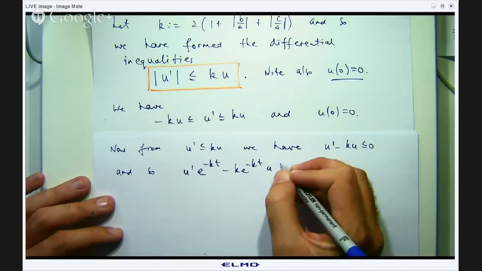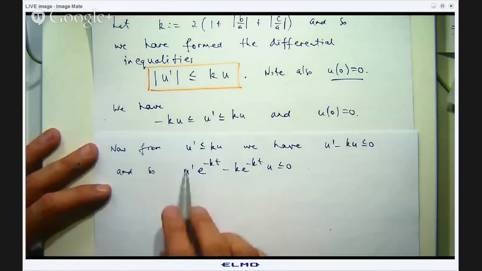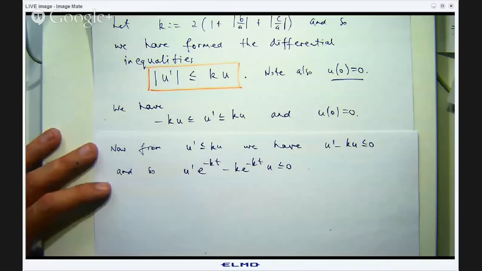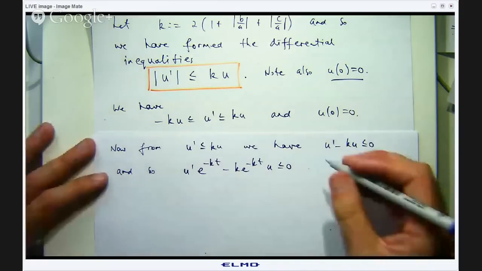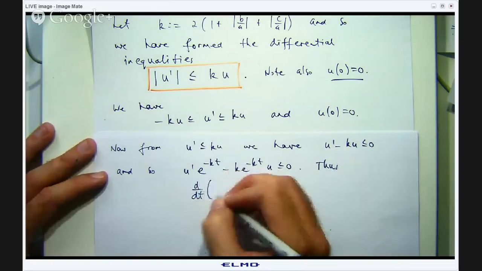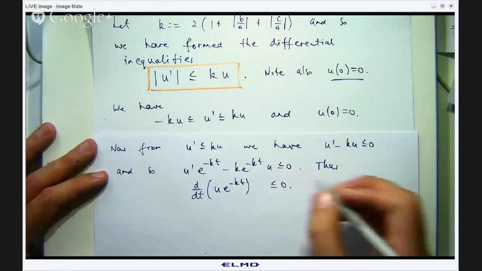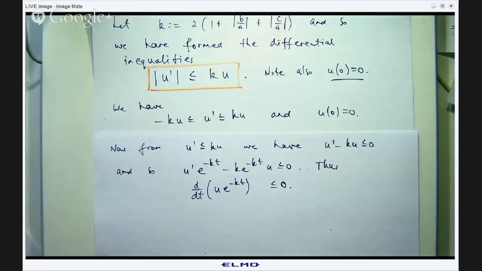Now, oh, my screen has just frozen again. Let me just reshare that. Okay, we're back. So we know that the left-hand side of this inequality is the derivative of a special product, and it's U times the integrating factor.